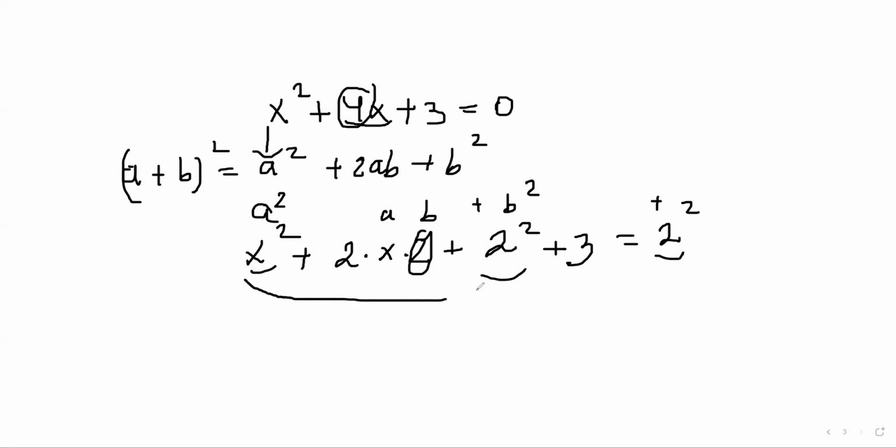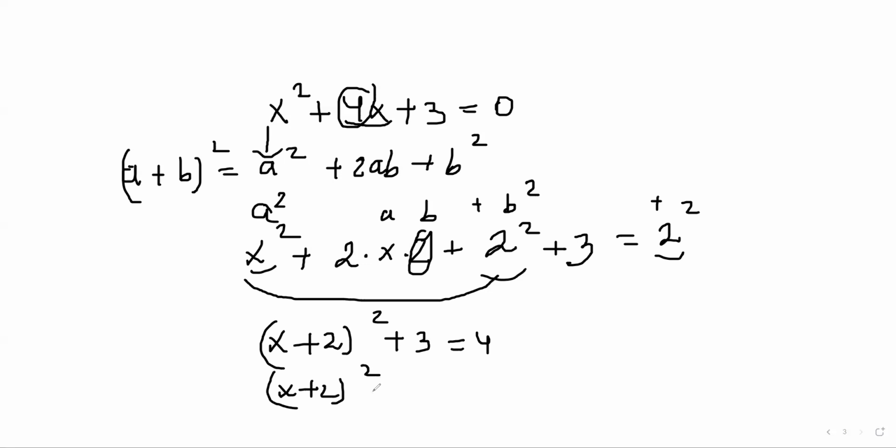Now let's look at what we get. It's (x plus 2) squared plus 3 equals 4. Now (x plus 2) squared is equal to 4 minus 3. We know that (x plus 2) squared in this case is equal to 1, which means, which number has a square equal to 1?